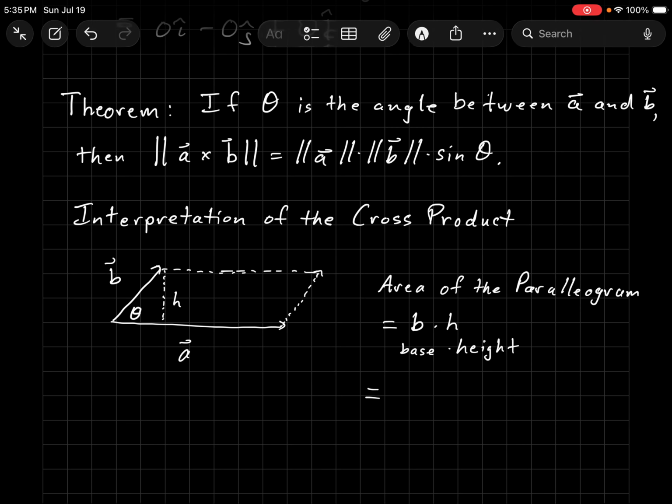Now, the length of the base is the magnitude of A. And the length of the height is the magnitude of B times the sine of theta.